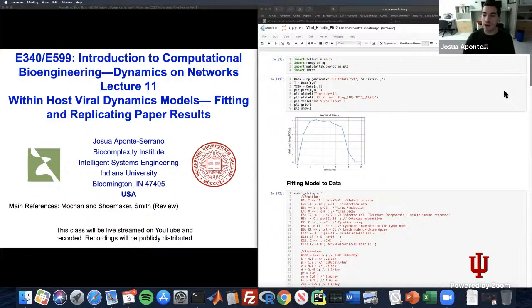And now in this class, we will compare the model that we constructed with our initial parameter estimates to the data, and then we will try to fit the model to the data to get a better estimate of the parameters. And that's gonna be the first half of the class.